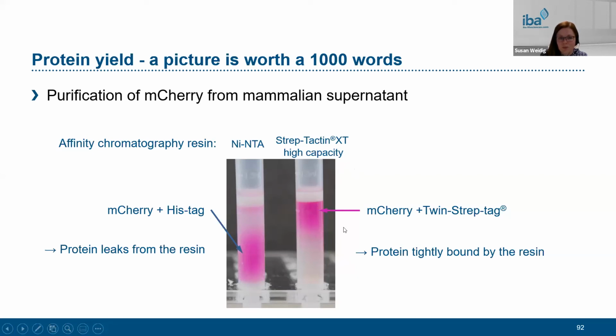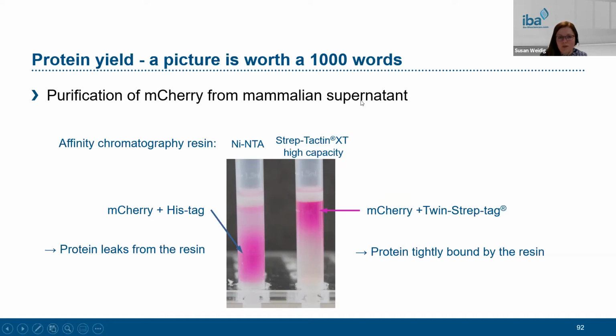Here the pink fluorescent protein M-cherry was tagged with the twin strep tag and purified with the Streptactin XT high capacity resin. And here the protein directly bound to the resin after application and did not flow through, because the binding of the twin strep tag protein is not influenced by the supplements of the media.